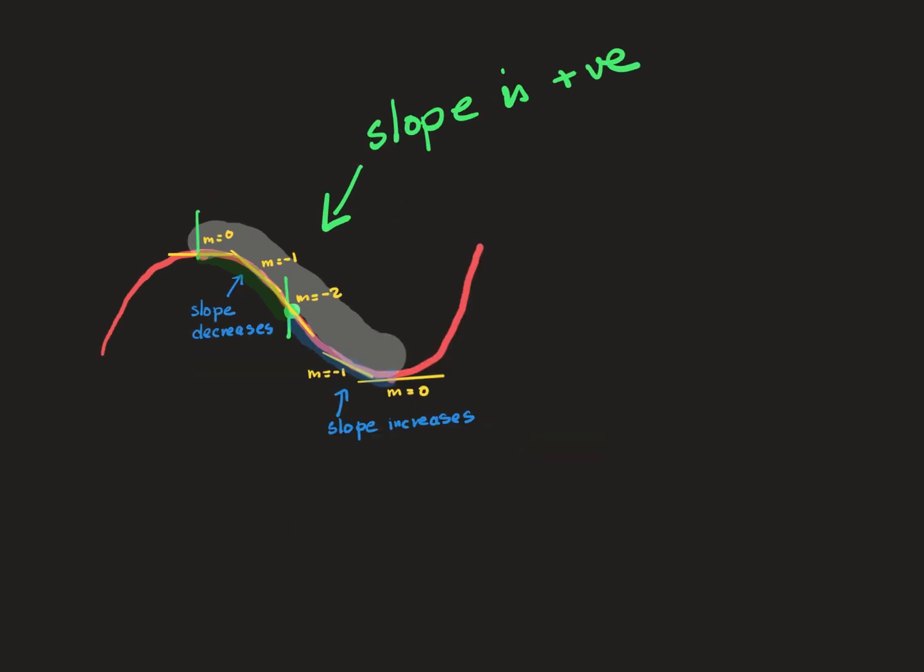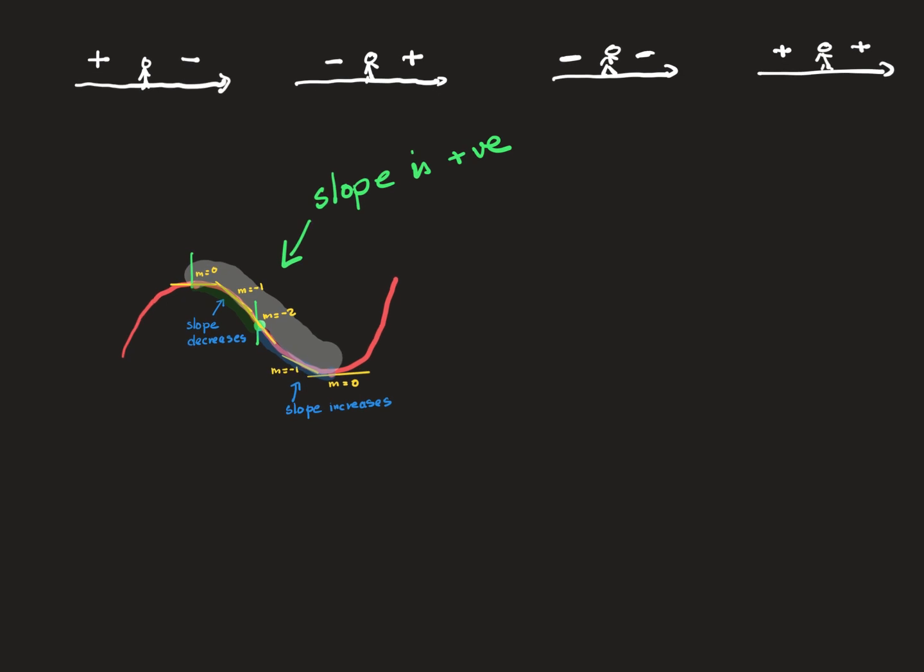So let's have a look at the sign diagram of the derivative. The derivative sign diagram would look like this. If I called this A, B and I called the bottom here C, the sign diagram of the derivative would look like this: negative, positive, and negative.